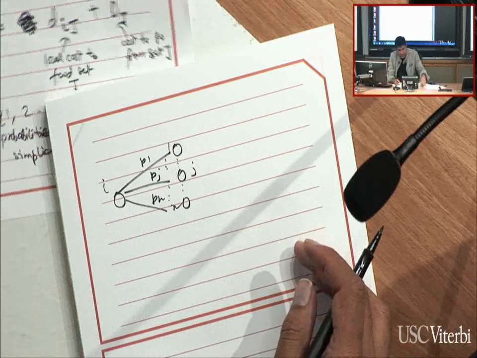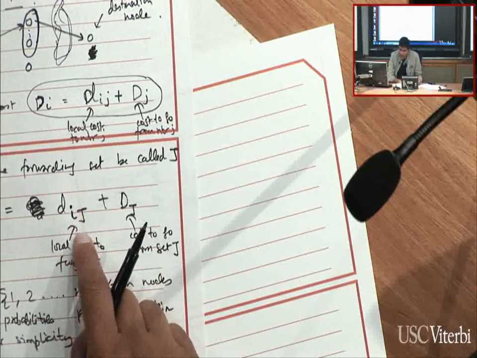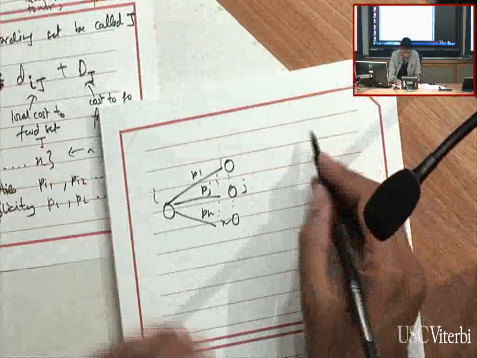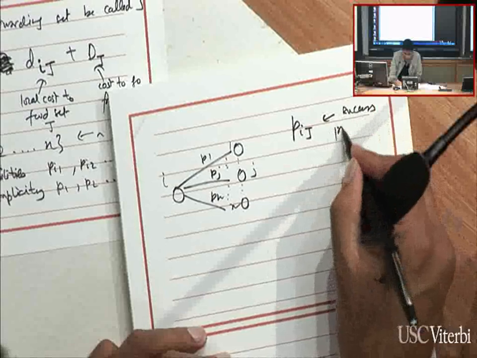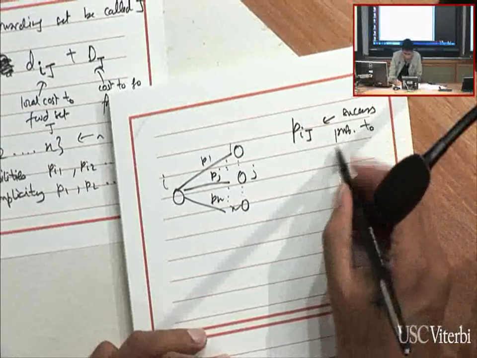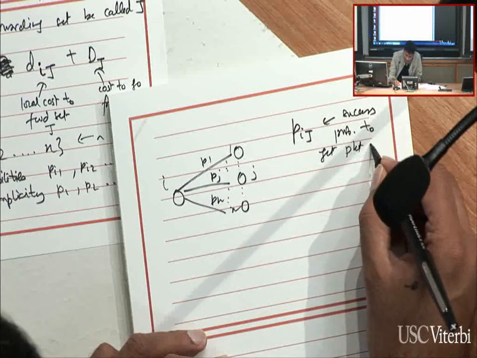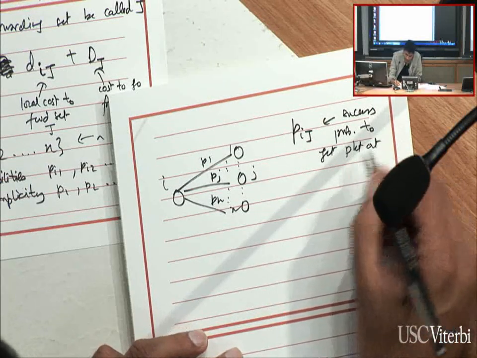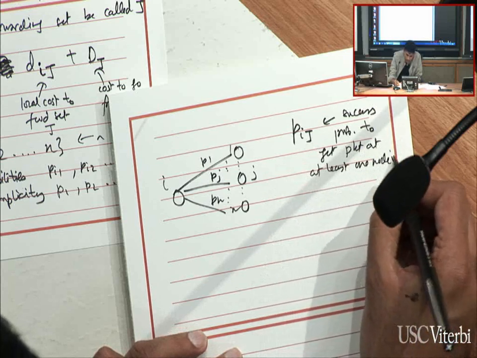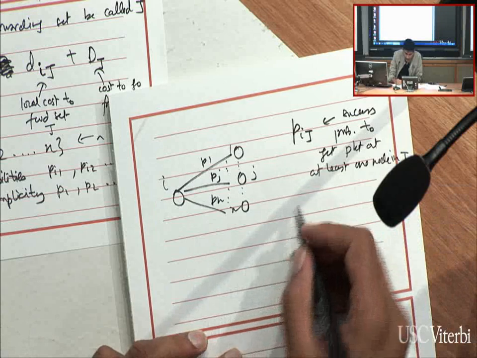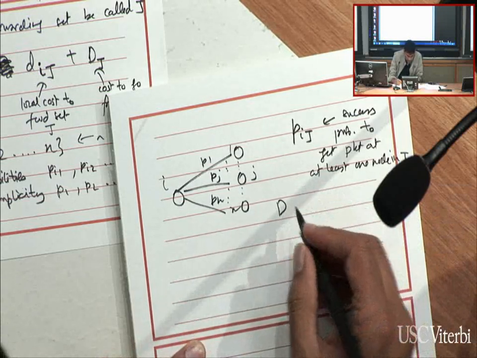So this cost will depend on those forward probabilities. And we're going to define Pij as the success probability to get the packet to at least one node in J. And we're making an assumption that the, sorry, what did we call it?